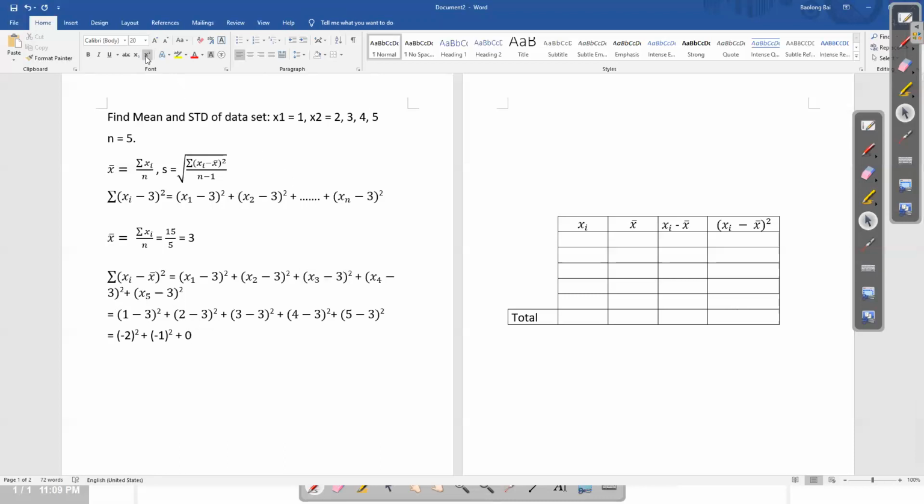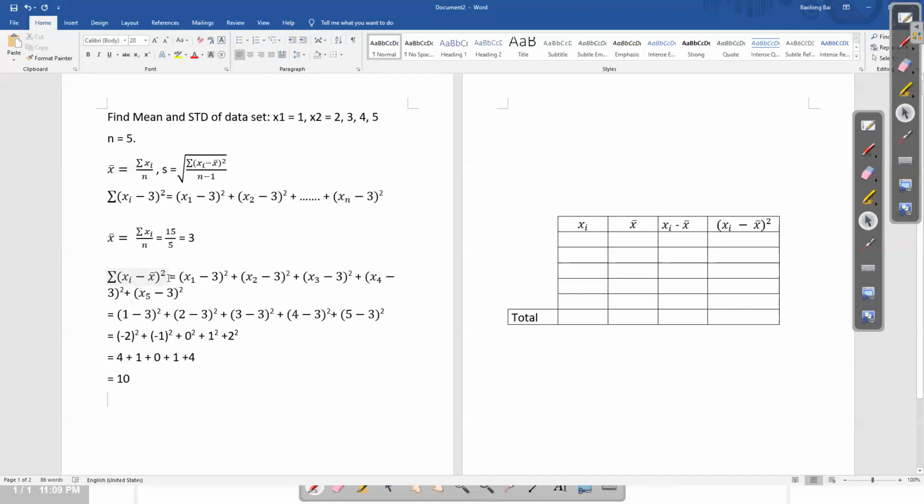And take a square. And 4 minus 3 is 1. Take a square. And 5 minus 3 is 2. And take a square, right? So if you calculate it, that'd be 4 plus 1 plus 0 plus 1 plus 4, that equals 10, right?